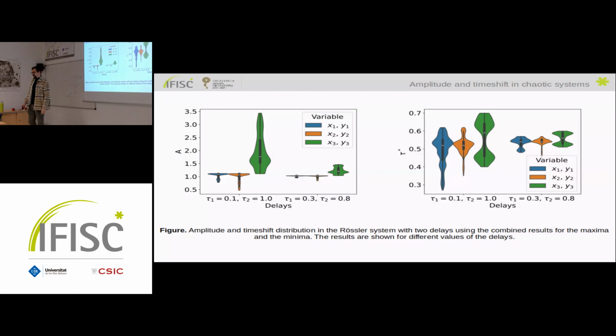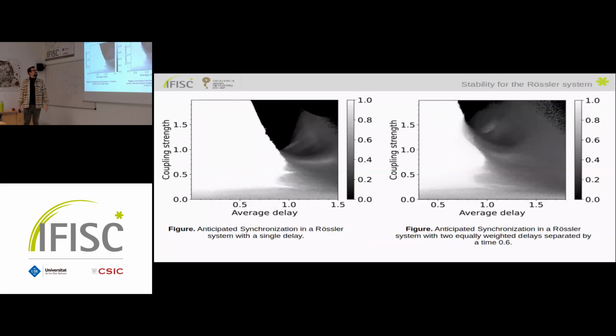So this is how the solution looks, but now we will answer if this solution is stable or not. In order to do that, we can use again the cross correlation function, and we will plot here the maximum of the cross correlation function. This plot over here is for a single delay, and this plot over here is for two delays separated by a distance 0.6.